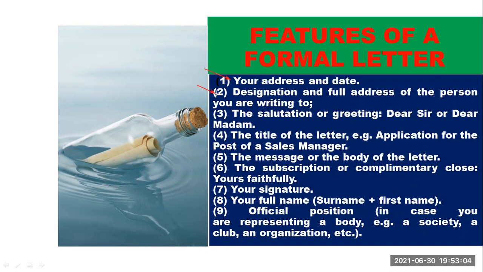If he is the chairman of the local government or a commissioner for this and that, you simply write the designation. The designation is the official title the person bears. And then this is followed by the address, the full address.